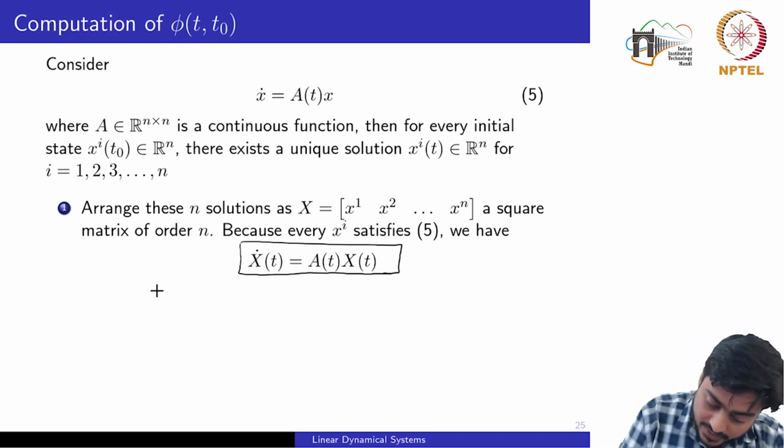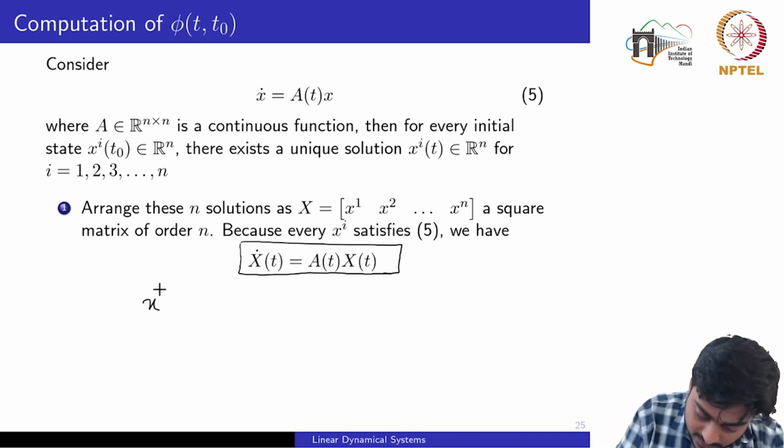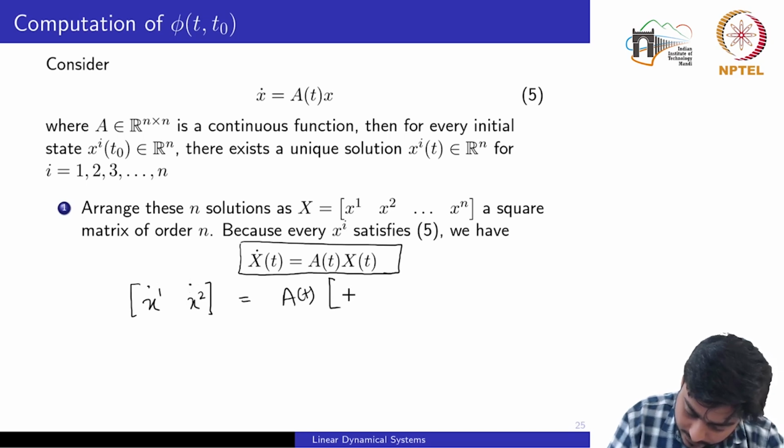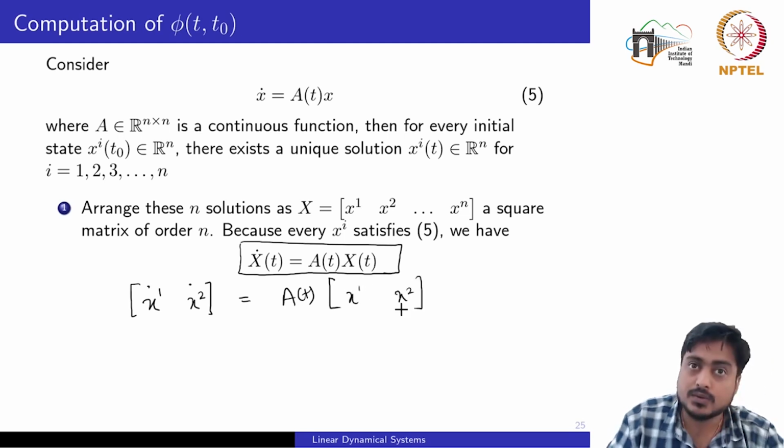So, for example, let's just consider the case of only two initial conditions. So this I could write as a of t, this would be a derivative, and x2.